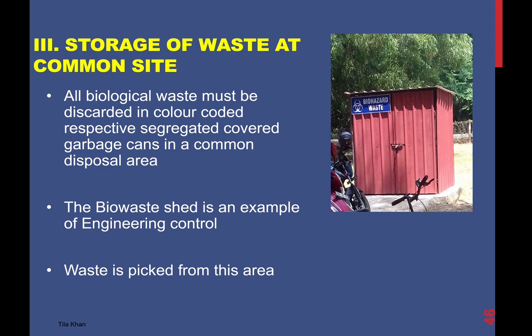And the figure on the right shows the biohazard waste shed that is in SMST, and we discard our waste in the segregated waste cans over there in this shed. This bio-waste shed is an example of an engineering control. It is a permanent structure that places a barrier between the hazard and you, and all waste is picked up from this area.